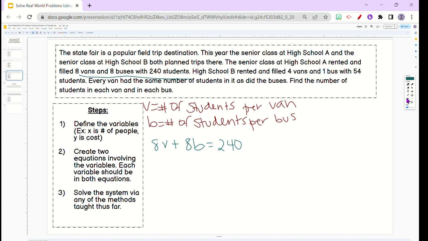Next, we have high school B. So high school B filled 4 vans and 1 bus with 54 students. So we have 4V plus 1B is equal to 54 students. Okay, let's figure out how we're going to manipulate one or both of these equations so that they have opposite leading coefficients.